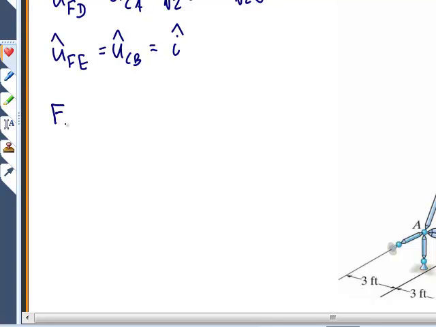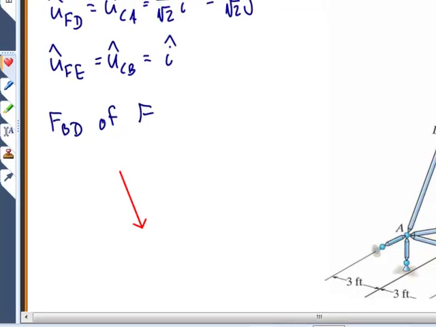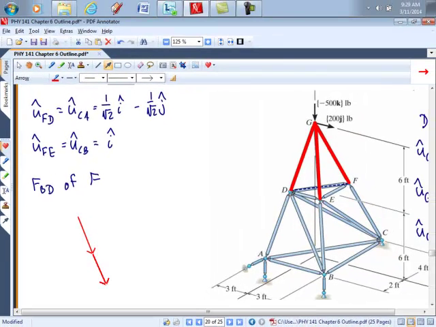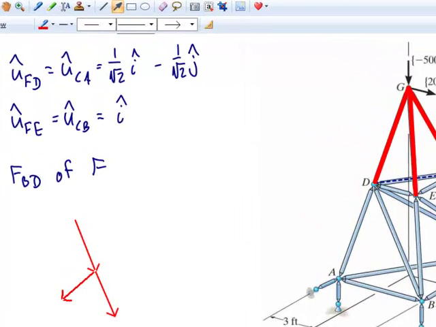So if we do our free body diagram of F, we know FGF is compression, so it's going to be down. We're going to assume FC is in tension. And we're going to assume that these other two are in tension as well.